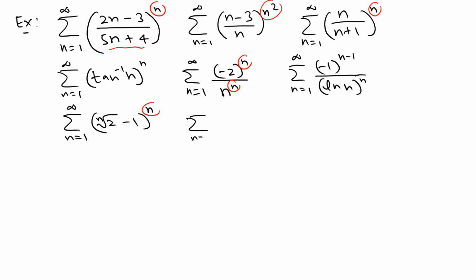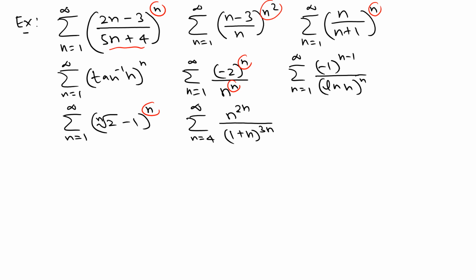And 2 more. From 1, 1 is just a number, so if you don't like 1, let's put some other number. Let's say 4 to infinity of n to the n divided by (1 plus n) to the 3n. Again, this n tells you that this is a root test candidate.